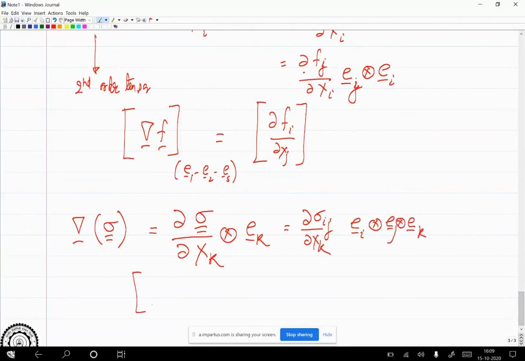In matrix form, well, it's not a second order matrix, it's a third order matrix, or you could say a three-dimensional array, with entries del sigma ij over del xk.